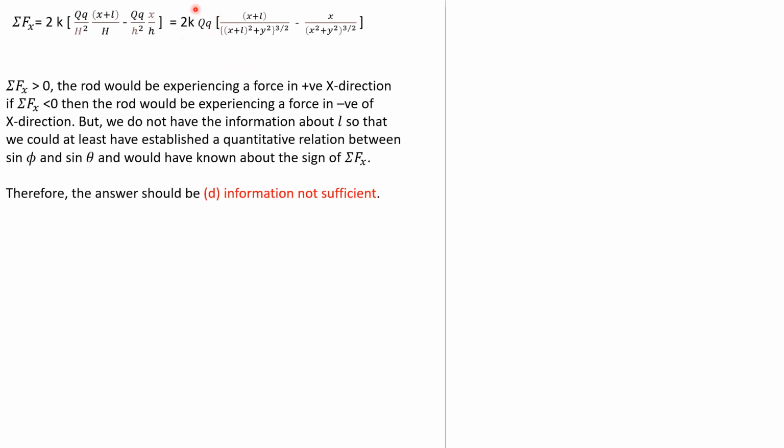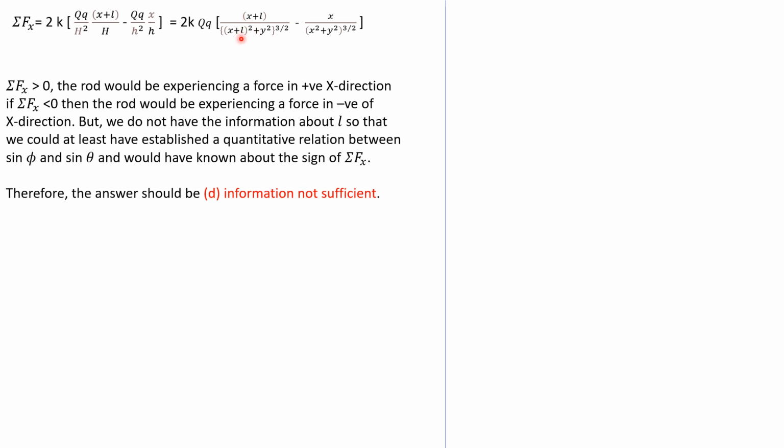Here, nothing has been given about the small q, that positive charge. Nothing has been given about y, where this positive charge was kept from the origin. Nothing was given about x.